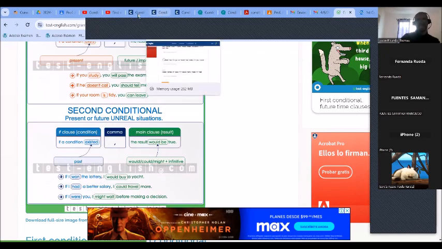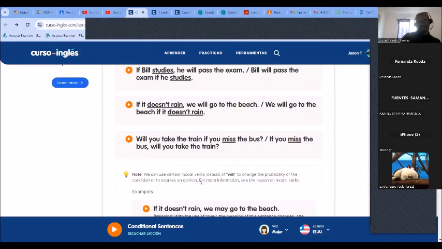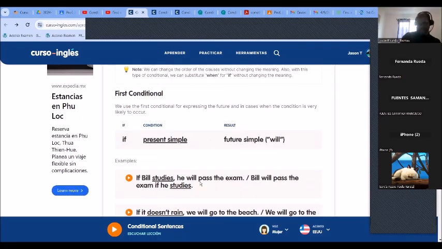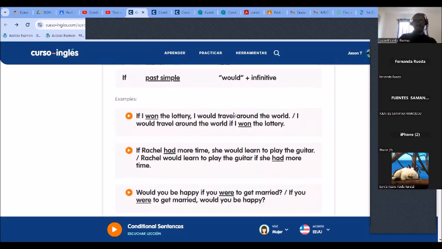Now notice, just the same with the modals. Here we have would, because here we were talking about the future, which is a real situation, so we could use will or going to for the real future, but the unreal future would be the past tense of will, which is would. We can use the past tense of the others as well.